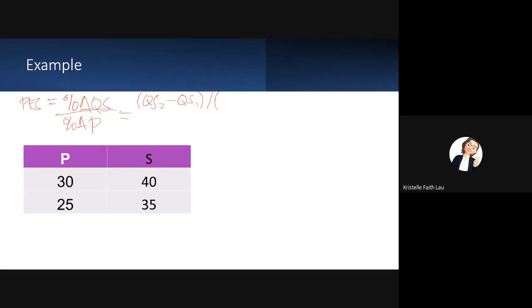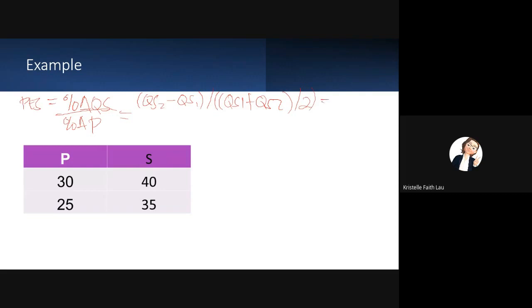So open parenthesis, close and open parenthesis, dalawa. And then QS1 plus QS2, then close parenthesis, then divide natin siya sa 2. Then another close parenthesis.